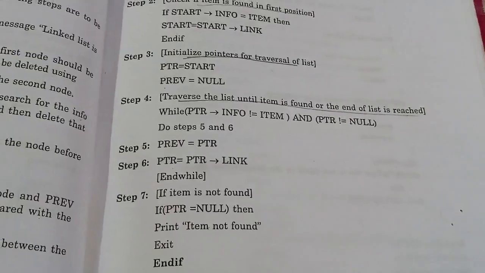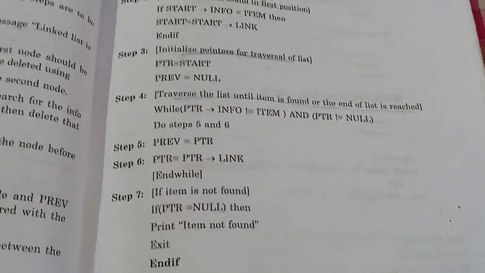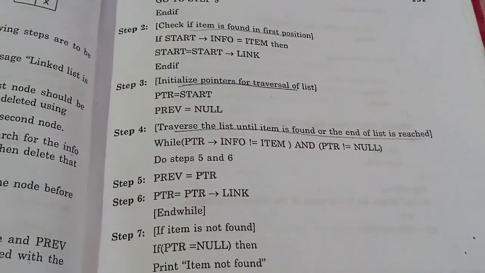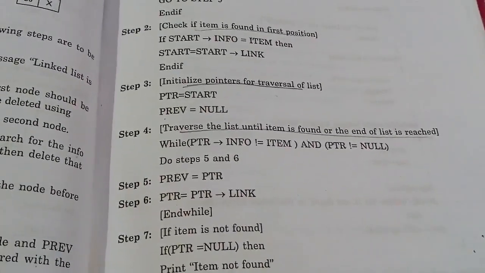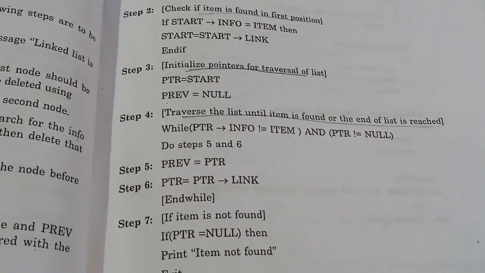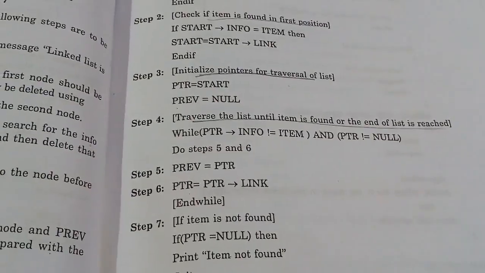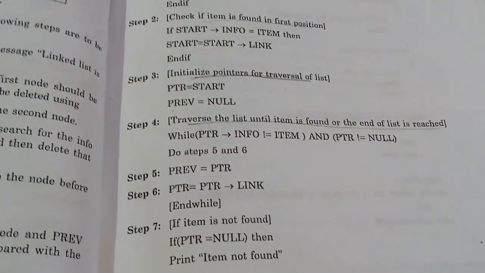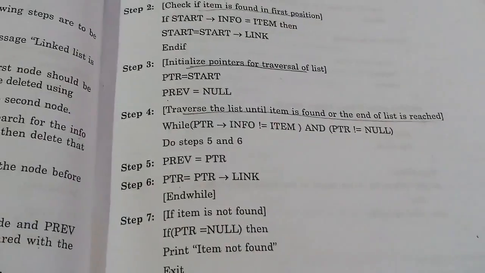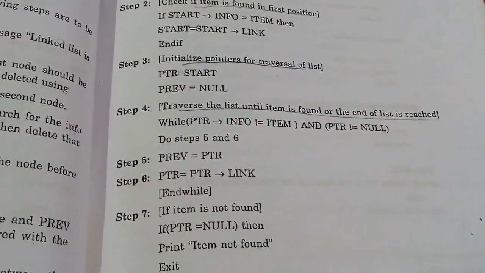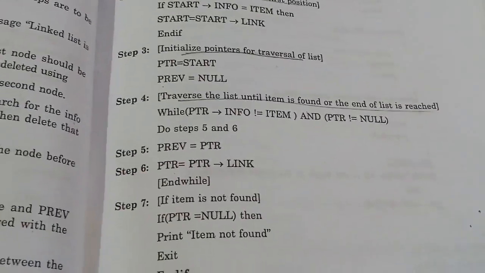First step is to check whether the linked list is empty. Step 2, check if the item is found in the first position. Step 3, initialize pointers for traversal of the list. Next step, traverse the list until the item is found or the end of the list is reached.